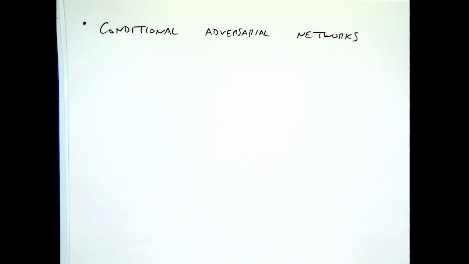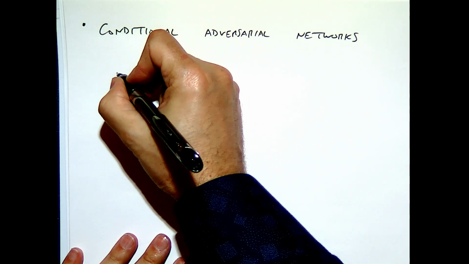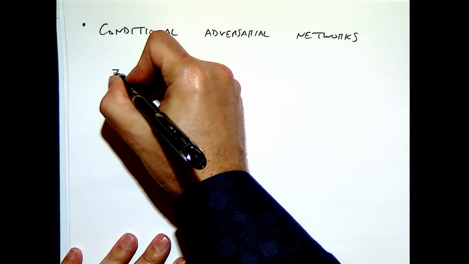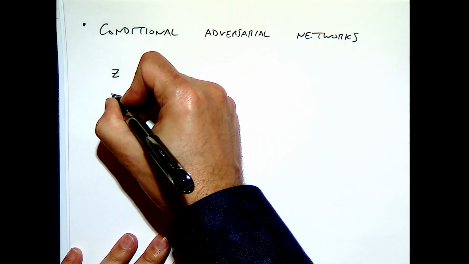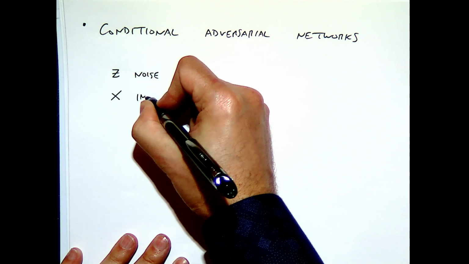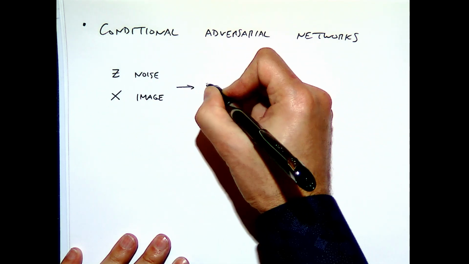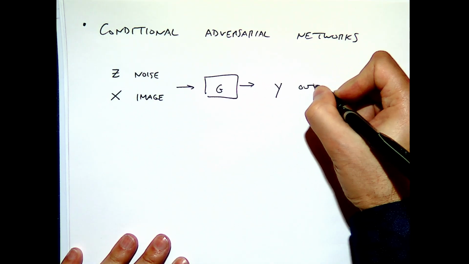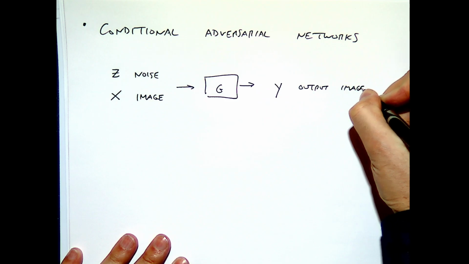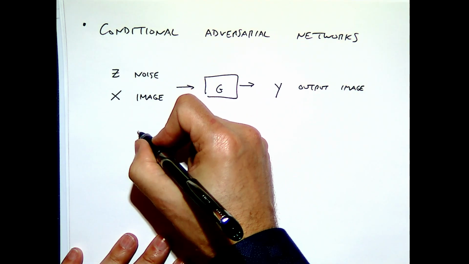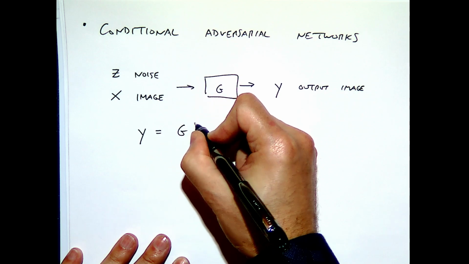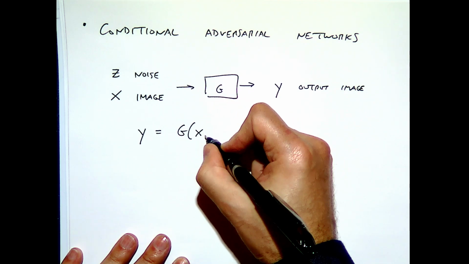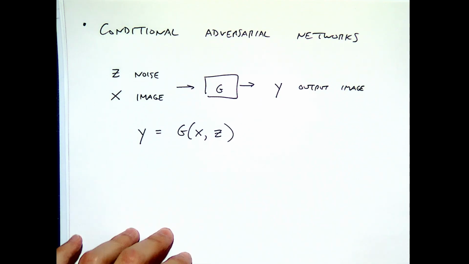And the reason it's called conditional is it's basically conditioning on, I've got my usual, there's still some noise input Z, but there's also an input image X. These both go into the generator, and what comes out is an output image. And so I'm thinking about Y as a generated image that is produced by both X and Z.